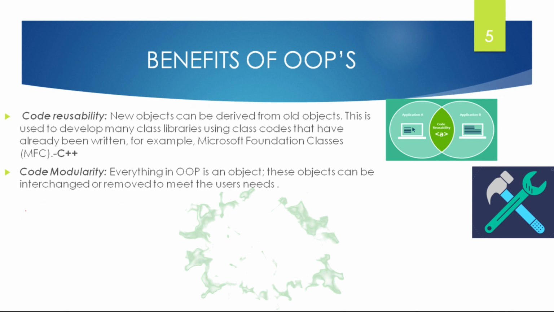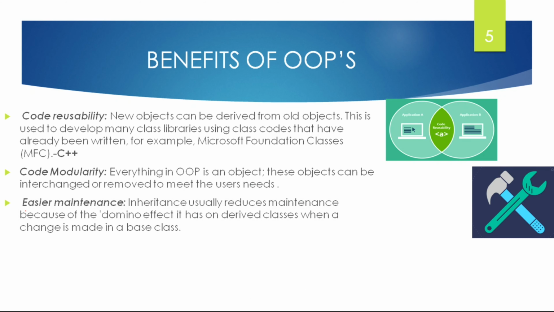And the next use is that OOPS has easier maintenance. Inheritance usually reduces the maintenance because of the domino effect it has on the derived classes. When a change is made in the base class, the derived classes will also be changed.